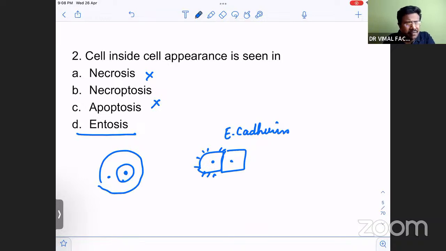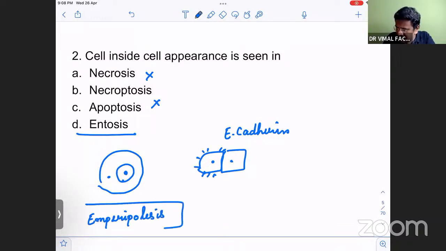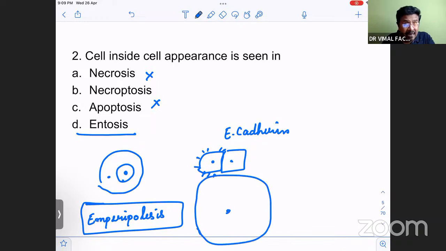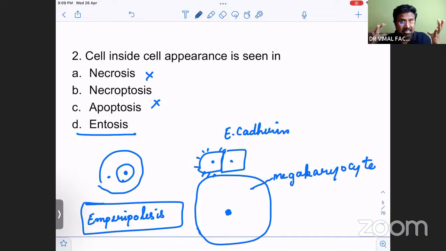And what is the difference between entosis and other similar terminology, emperipolysis? Emperipolysis is where a big cell, say for example a megakaryocyte, the cell size is much bigger, no?